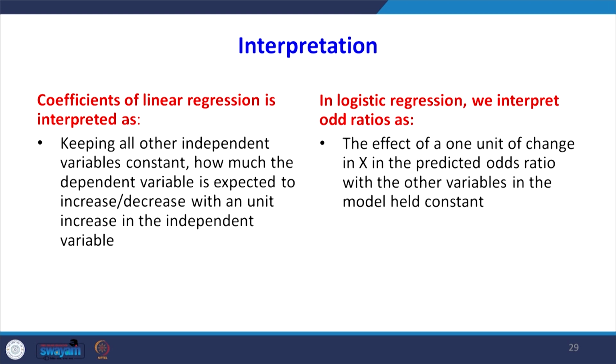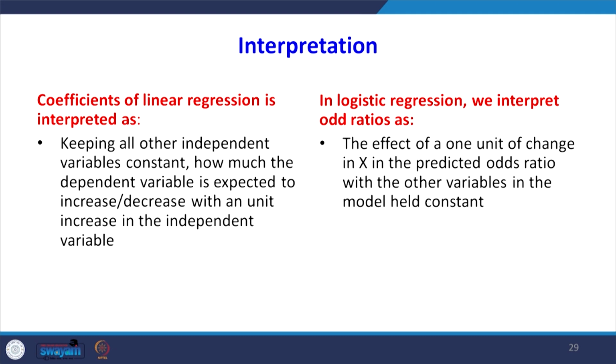This is the way we interpret the coefficient of each independent variable in a linear regression model. But in a logistic regression model, we look at the effect of a one unit change in x on the predicted odds ratio, with the other variables in the model held constant.